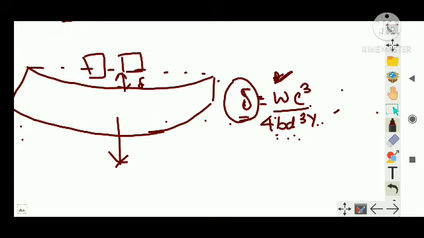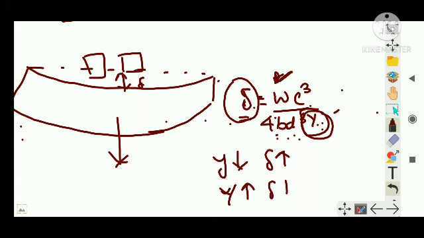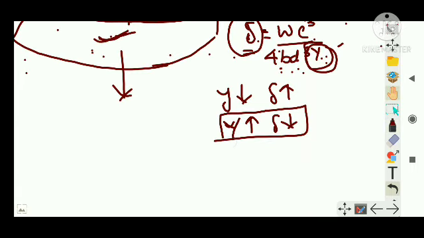So the thing which you can alter is Young's modulus. That is, when Young's modulus is less, delta will be greater, right? Inversely proportional. When Young's modulus is greater, delta will be lesser. So in order to have less sagging, it is better to use the material, right? The material which is used to construct this beam can be having a Young's modulus which is very high, right?